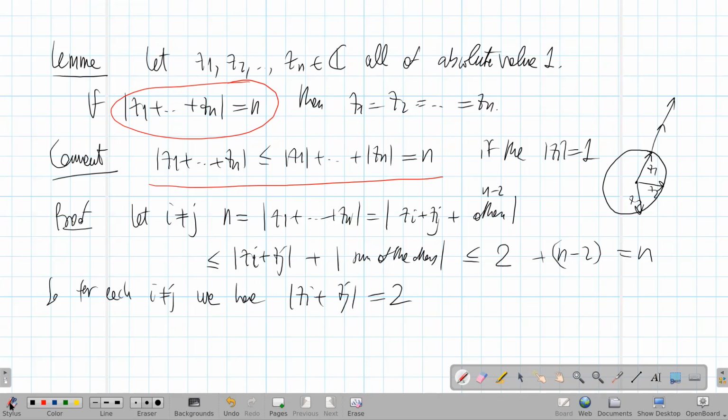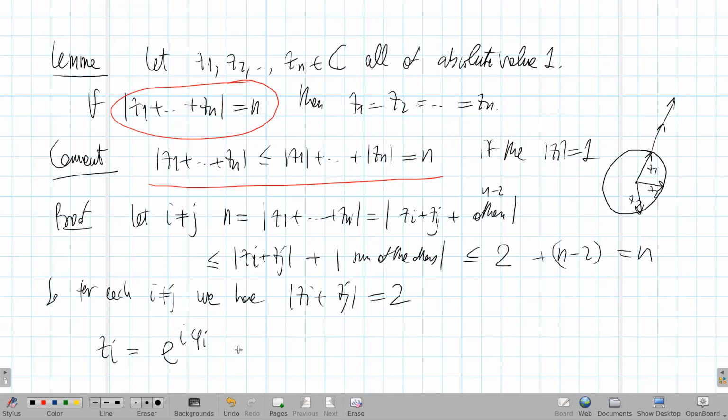Okay, good. So what does this mean? Well, they have absolute value 1. So we know that we can write zi as a complex exponential e to the i phi i and zj equal to e to the i phi j, where phi i and phi j are angles, which you can take from 0 to 2 pi.